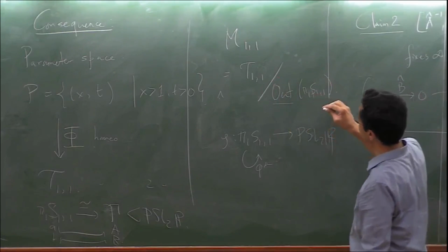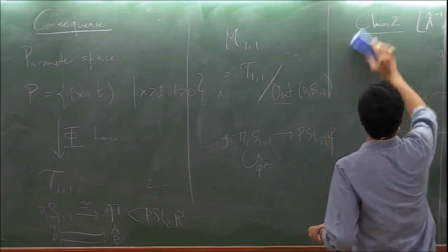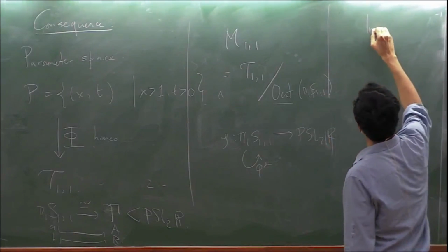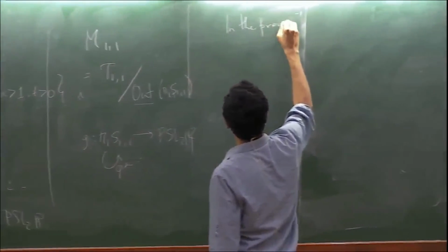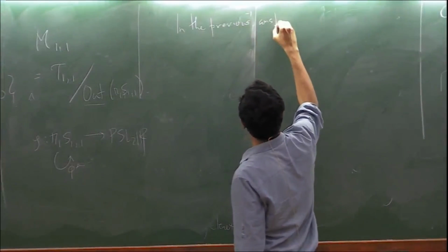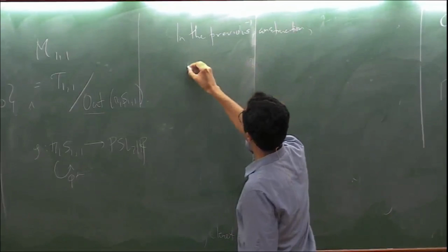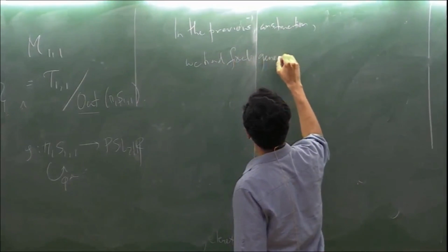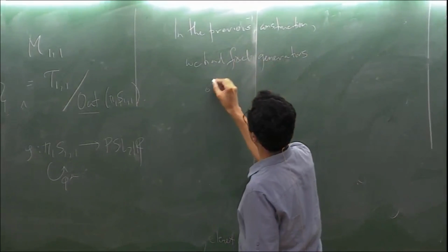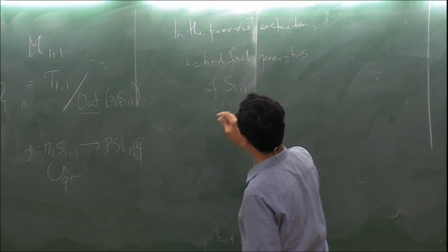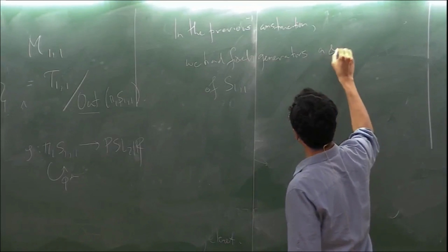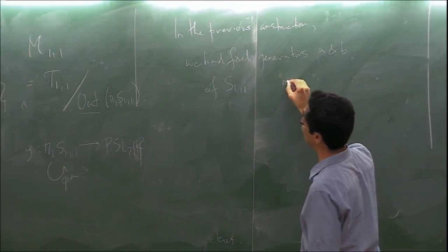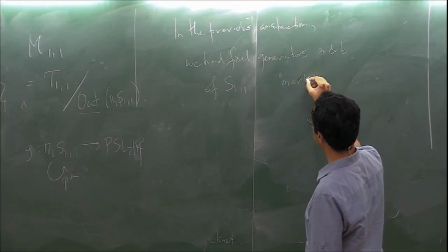So, in the previous construction, we had fixed the generators of S11, namely A and B. So this was our marking. This was like labeling the vertices in the ideal polygon case.